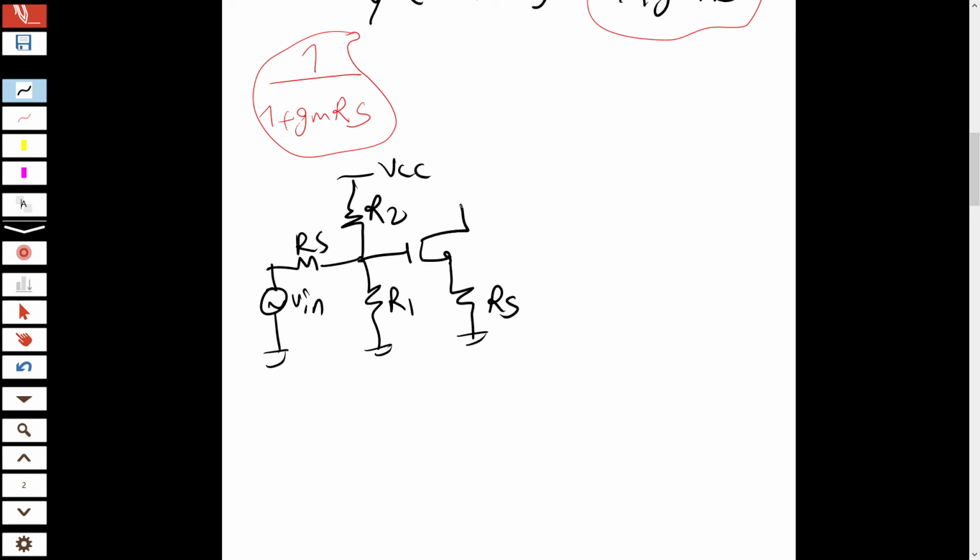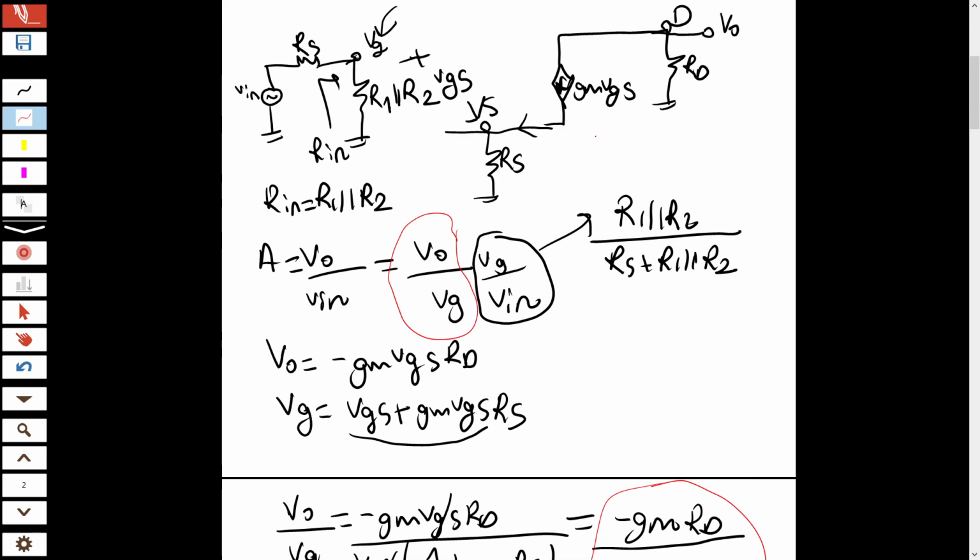This source resistance is generally for DC biasing, so it is necessary. The key thing is adding a capacitor here. Think now, what will happen if you add a capacitor here? In the DC case, there will be no current passing through this side. So in the DC case, the circuit becomes the same as the first circuit I have redrawn.